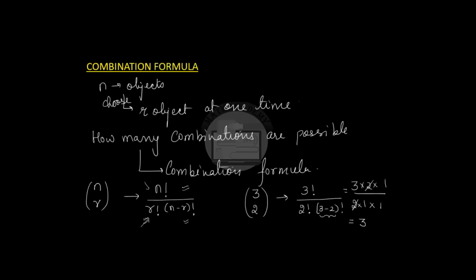Similarly, from 4 objects, if we have to create combinations taking 2 objects at a time, then we do 4 choose 2. This is called 4 out of 4, choosing 2 at a time. By the combination formula, it is factorial n, which is factorial 4, divided by factorial r, factorial 2, times factorial n minus r, which is factorial 4 minus 2.